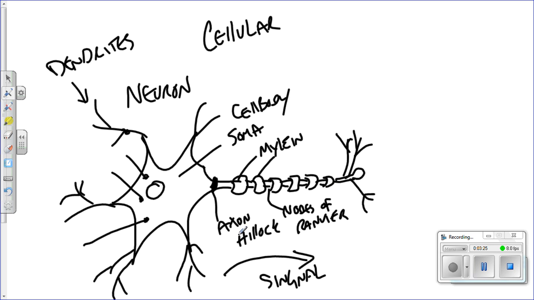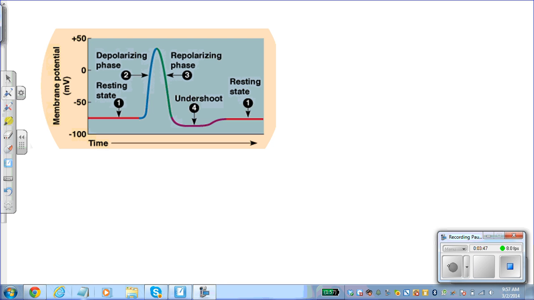We'll talk about those gates. So it's all going to be electrical moving down this neuron, and then when it gets out to this end, generally we end up seeing some sort of chemical being secreted, and we'll talk about those to tell the next cell what to do. So let's continue our journey, moving on to the next.